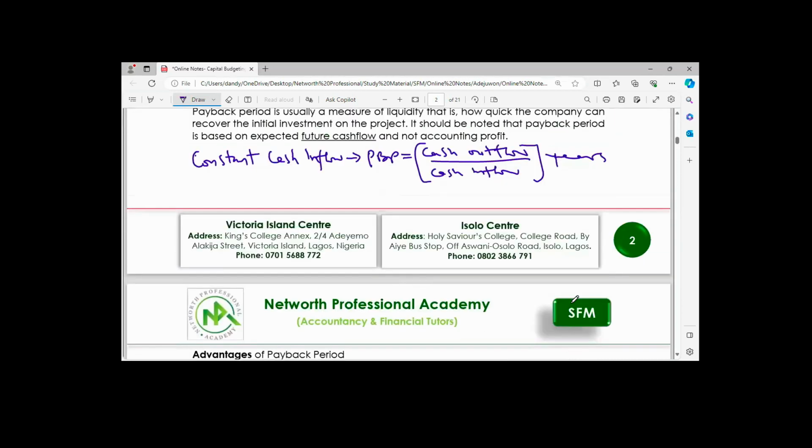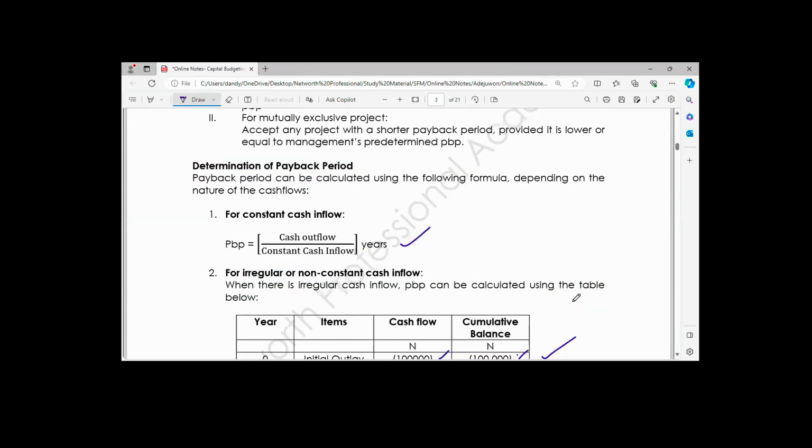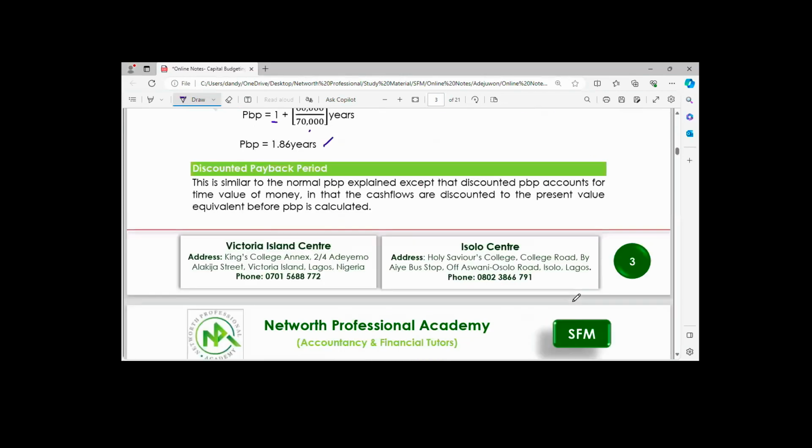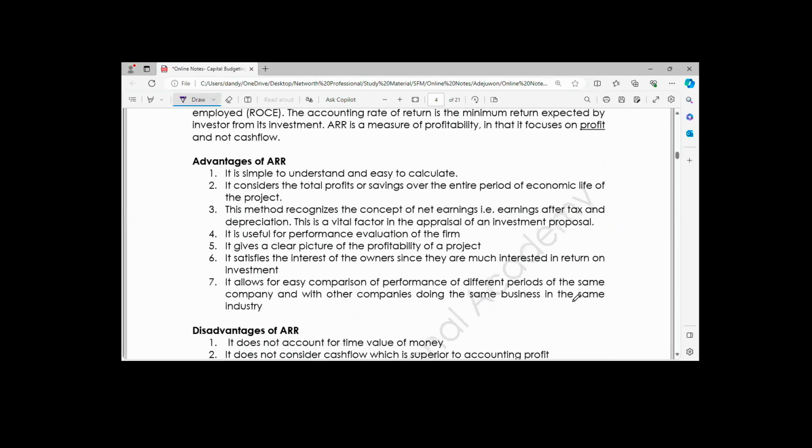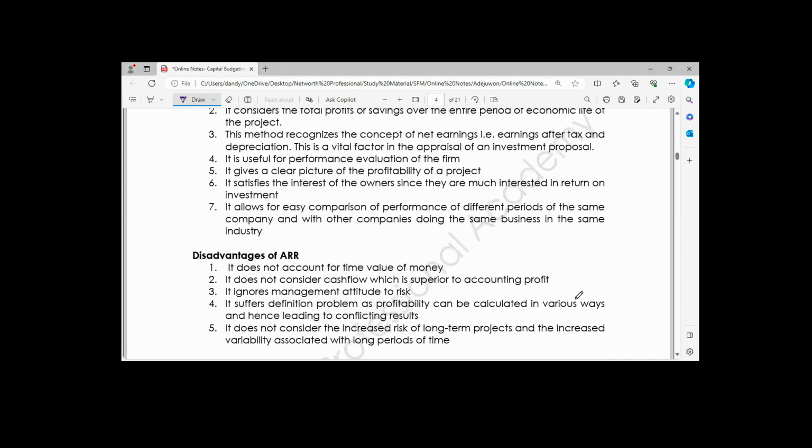So let's talk about accounting rate of return. The accounting rate of return is also known as return on capital employed or return on investment. It's a technique that uses accounting information as shown in the financial statement of a company.